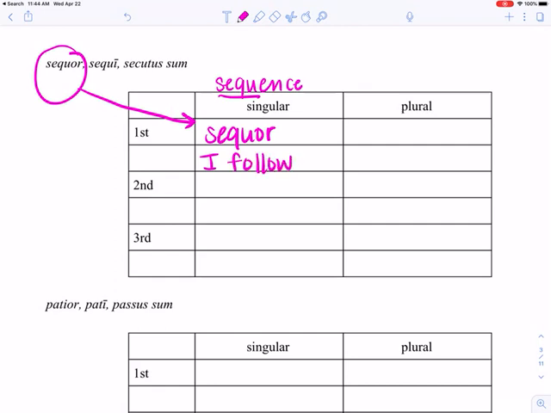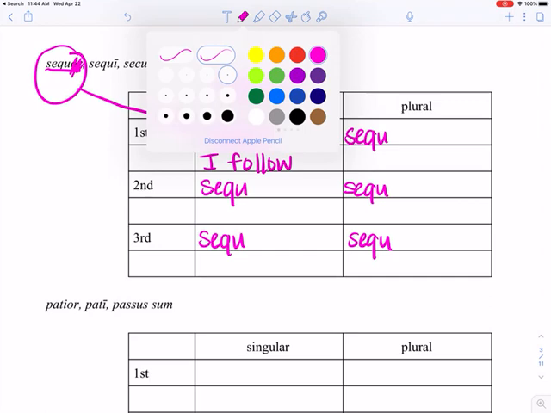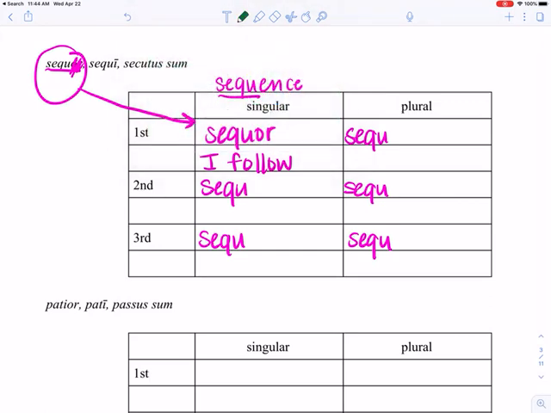Okay, we are going to take our first principal part. We are going to drop the OR. So my stem is SEQU. Okay, and then we're going to add our endings.